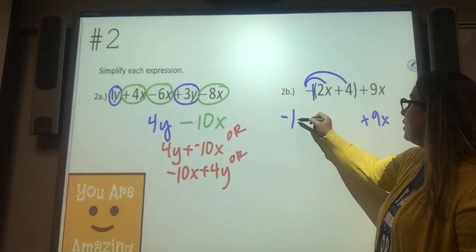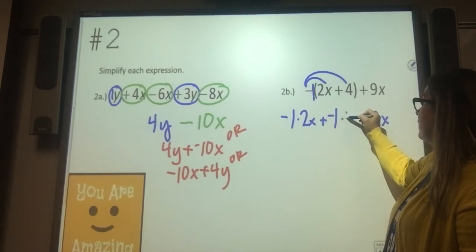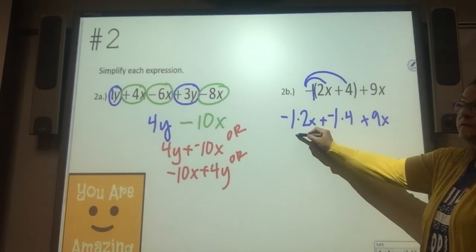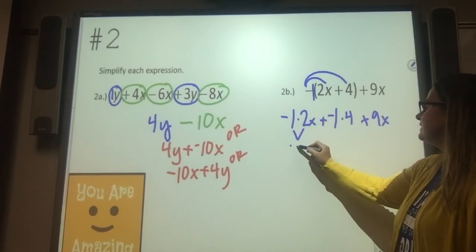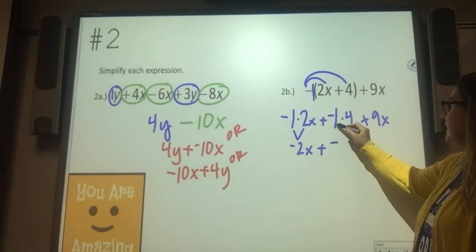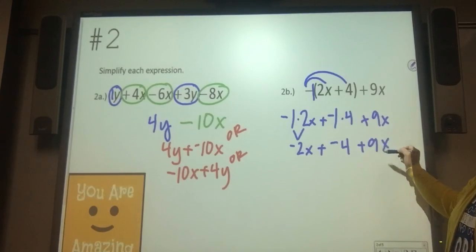So negative 1 times 2x plus negative 1 times 4. Negative 1 times 2x is negative 2x. Negative times positive is negative. 1 times 4 is 4 plus 9x.